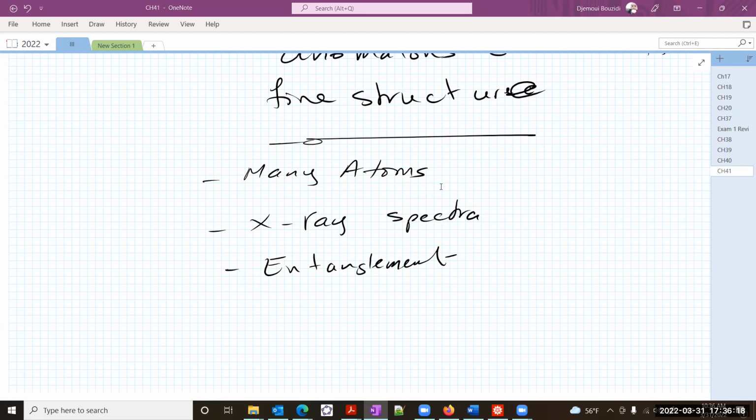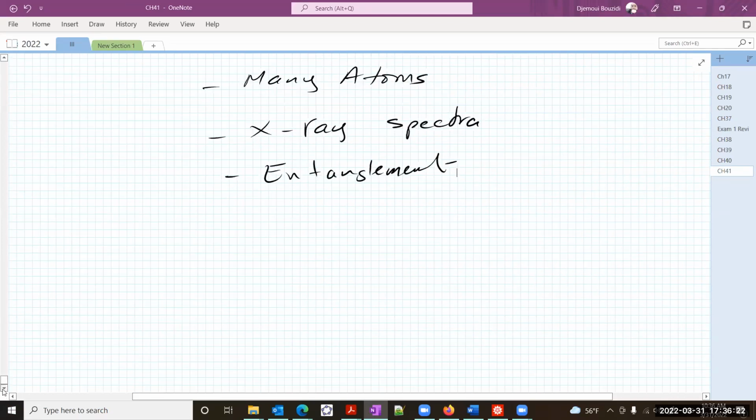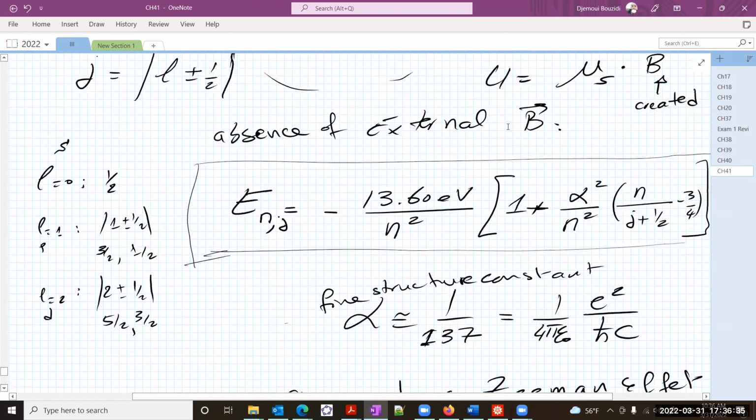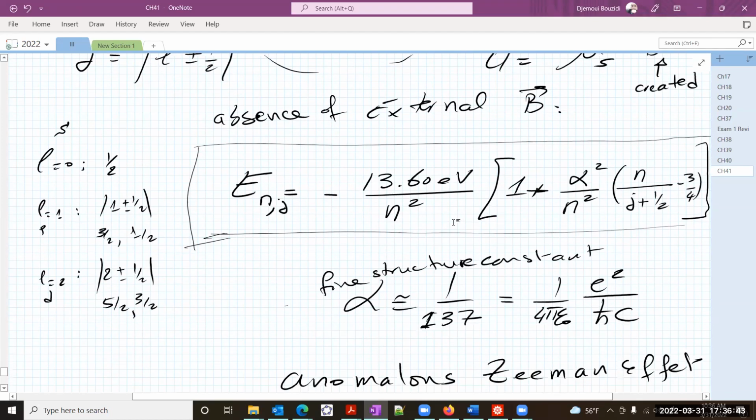Okay, very good. So basically, here is a question then. Remember when we did the hydrogen atom, now we're going to talk about many-electron atoms. Everywhere we were looking at the product of the charges for the expression, for example, for the energy, which is coming in here in the 13.6 electron volts, because that product is a product of e squared, and that e squared is coming from the number of electrons and number of protons.